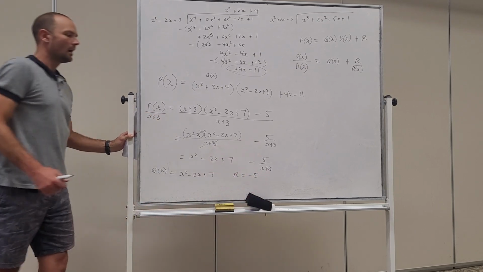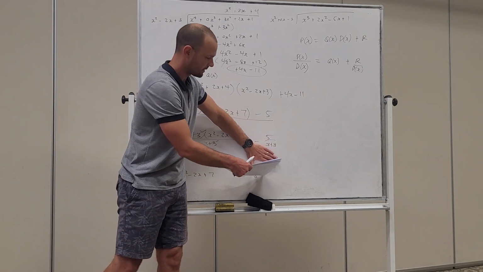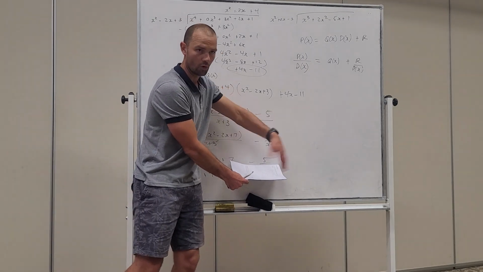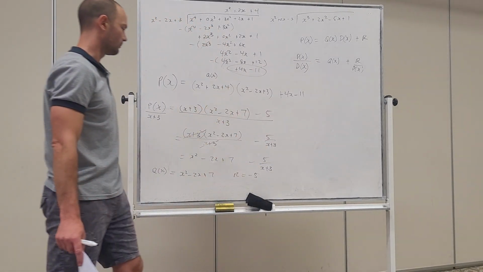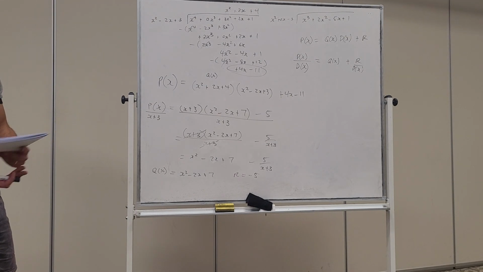We don't write the remainder as minus 5 on top of x plus 3 because x plus 3 is what we divided it by. Minus 5 is what's left over, what won't divide further than what we've got written. Alright, really good. So that's 2D.2. Let's have a go at some of those ones together.